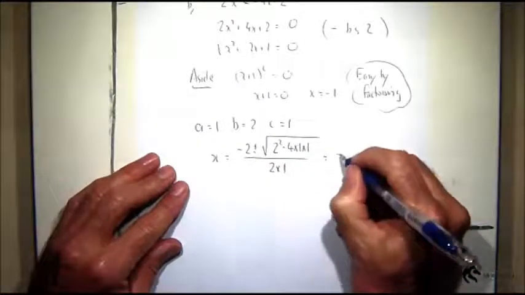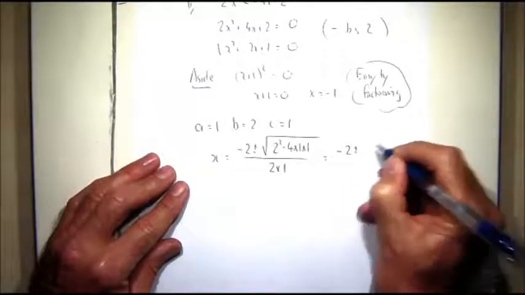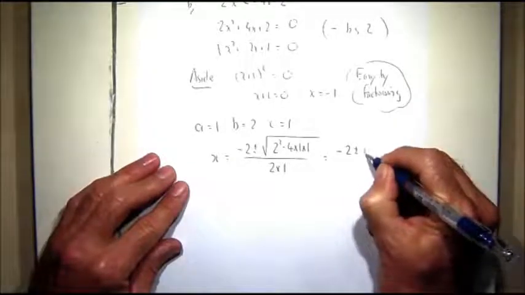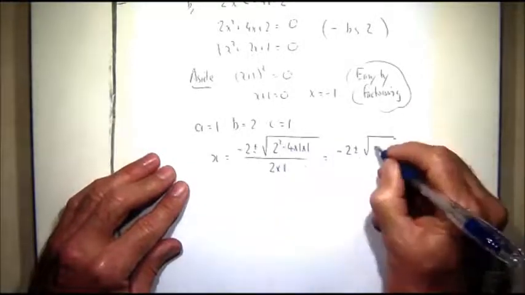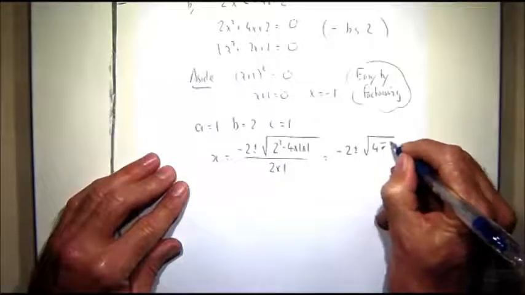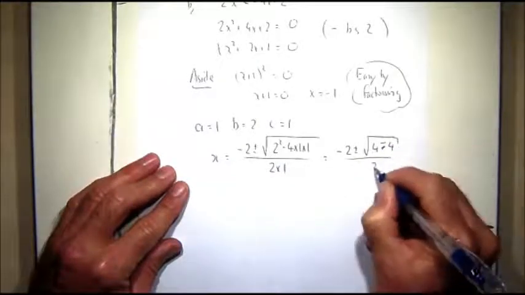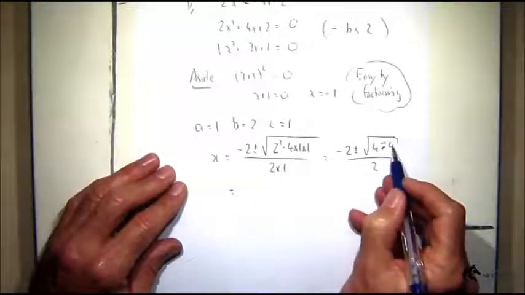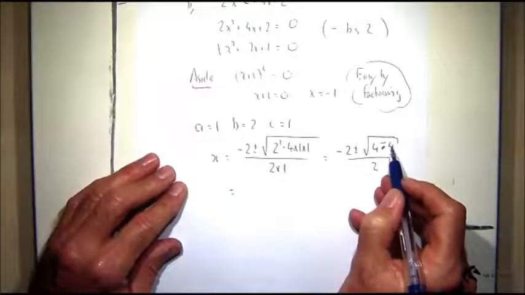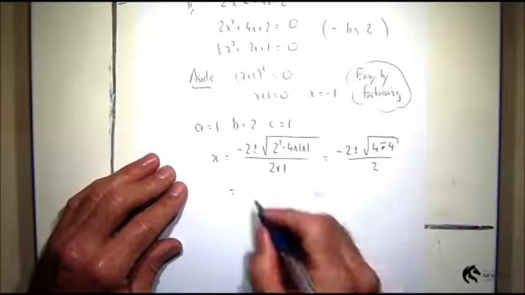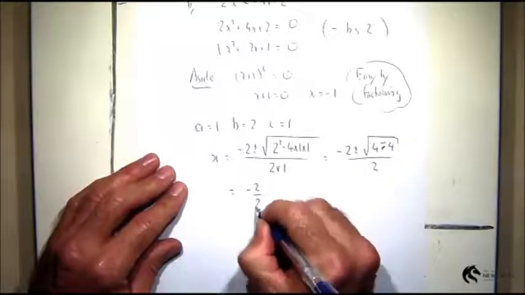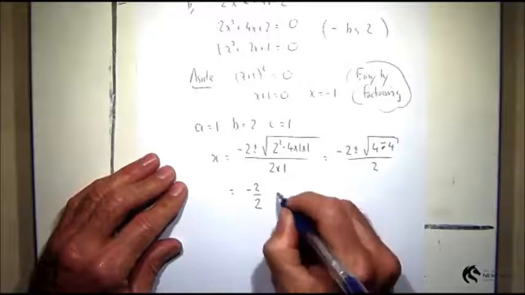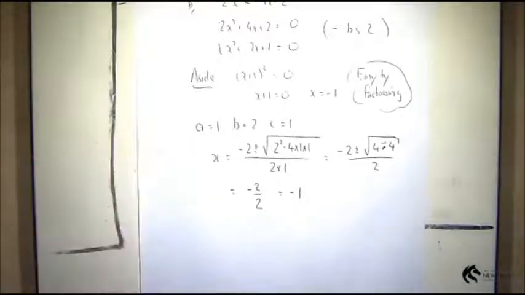And so here I have minus 2 plus or minus the square root of 4 minus 4 on 2. Notice 4 minus 4 is 0, the square root of 0 is 0, and so this just becomes minus 2 on 2. And so I have just one solution, minus 1. And so my quadratic formula gives me the correct answer as well.